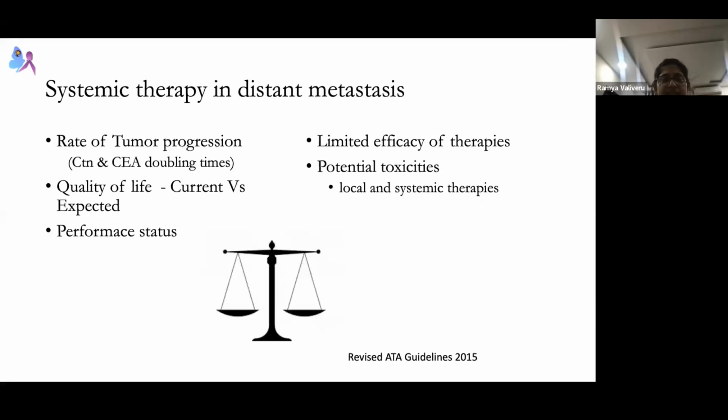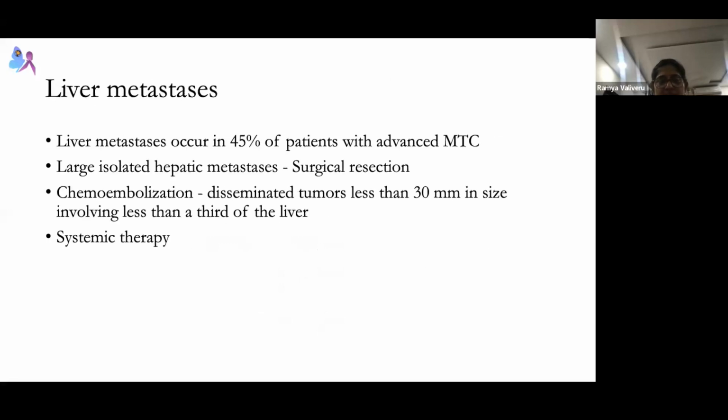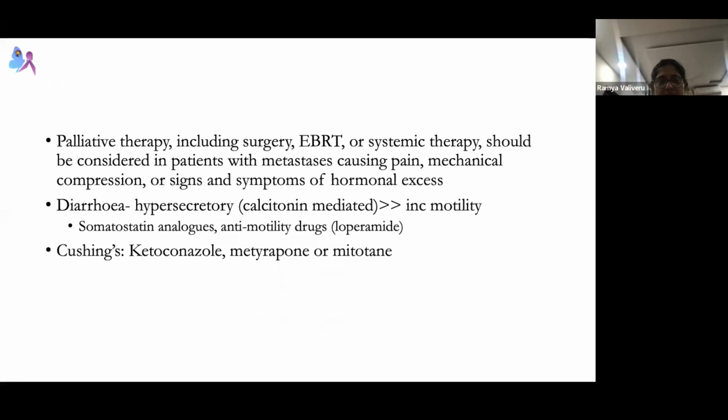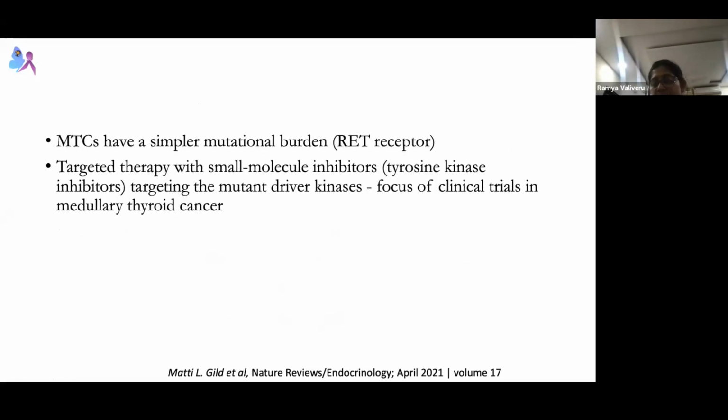We have just said that somatostatin analogs can be used. So if you tag those somatostatin analogs with lutetium, then that's actually going to act like a systemic therapy, a tumoricidal, like radioactive therapy. We are using lutetium therapy. So thankfully, MTCs have a simpler mutational burden.